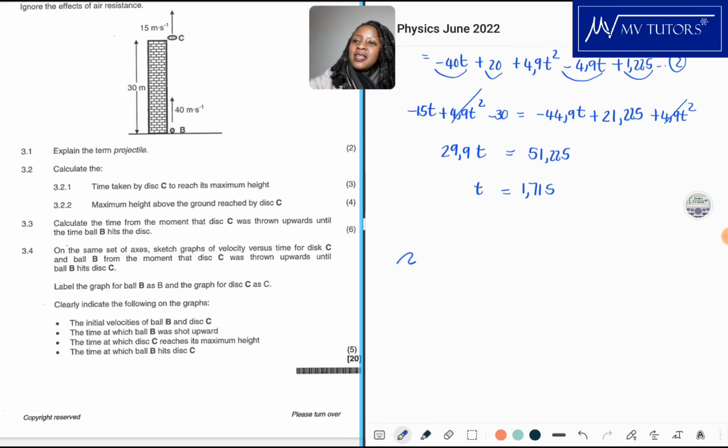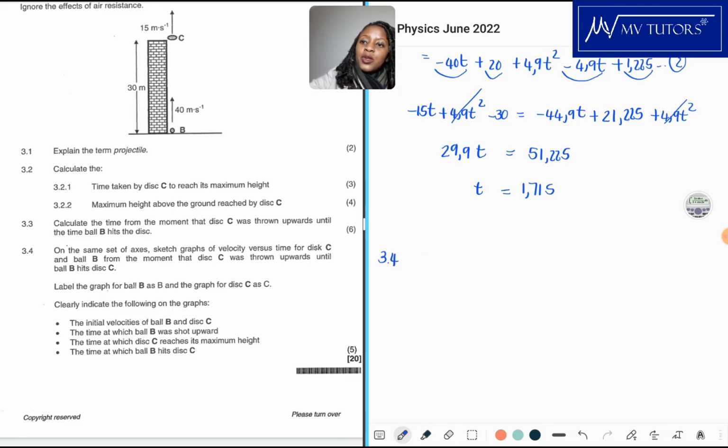Now 3.4 says, on the same set of axes, sketch graphs of velocity versus time for disk C and ball B from the moment that disk C was thrown upwards until ball B hits disk C. I'm going to put some timestamps.